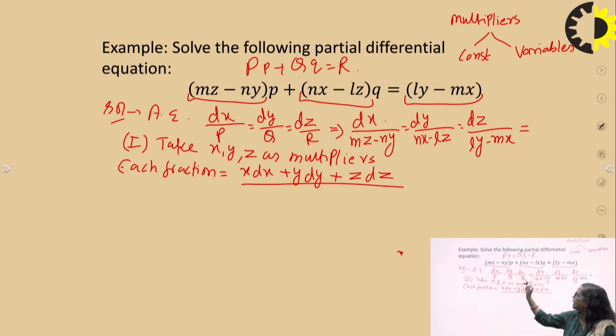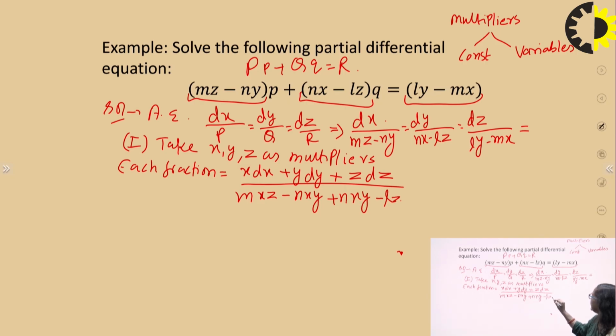If I multiply the first denominator by x, I get mxz minus nxy, first one. The second multiplier is y, so multiply the second denominator by y. So this is nxy minus lzy. And the third multiplier is z, multiply by z. So this is lzy minus mzx.